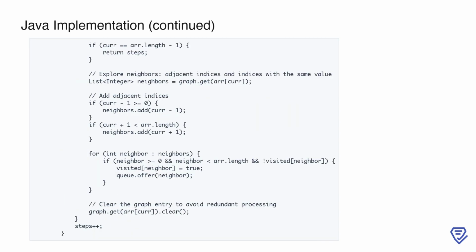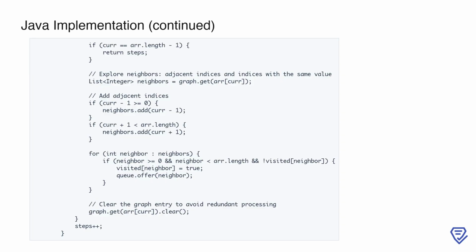At this point, we check if the current index, cur, is the last index of the array. If it is, we return the number of steps taken so far, as we've successfully reached the end. If not, we explore the neighbors of the current index. Neighbors include indices with the same value, as stored in the graph, as well as the adjacent indices, cur-1 and cur+1, if they are within bounds.